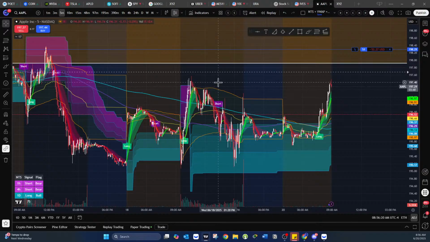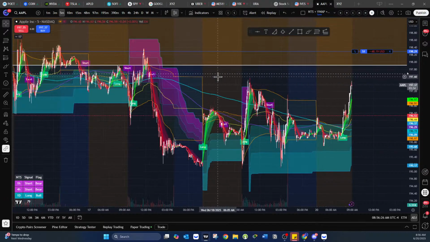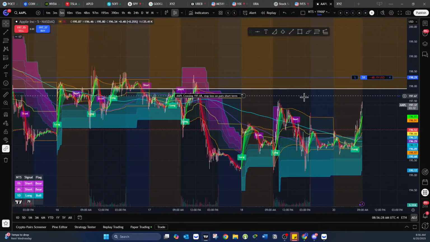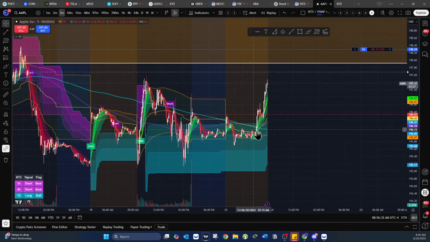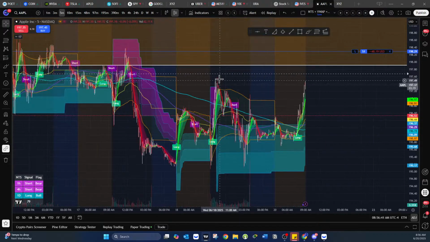I closed some shorts on Wednesday, and I'm still in one for next week, which is probably going to open up pretty red here. Well, not too red, but I'll probably be down like 30%. It's looking kind of double toppy here. I might take a short right at the open and maybe average down and then take a stop above 198.